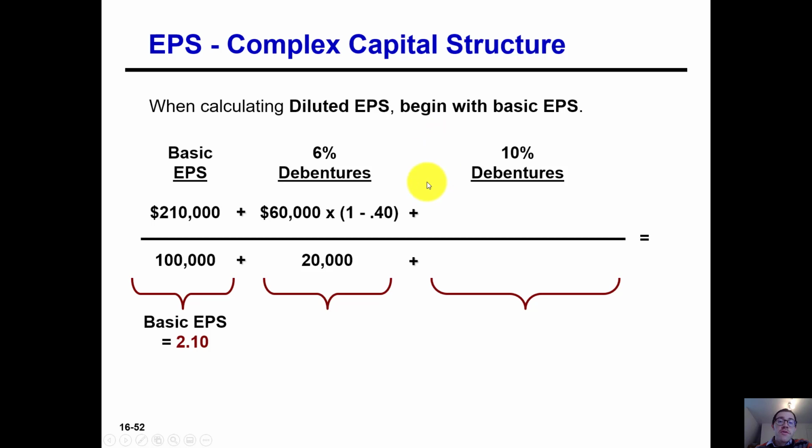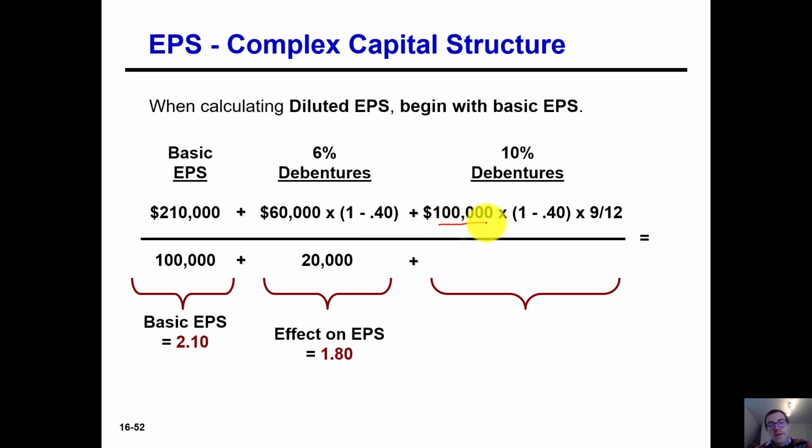Okay. Bond 2, issued in the middle of the year. Remember, bond 2, we are saving $75,000 of interest expense. So that's the 100,000 times the 9/12, 75,000. And so your net income would go up by 75,000 there times 1 minus the tax rate again.